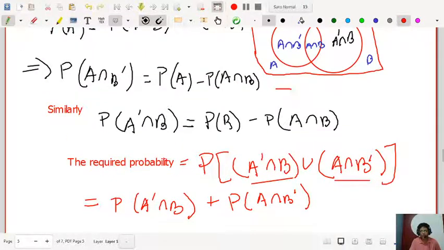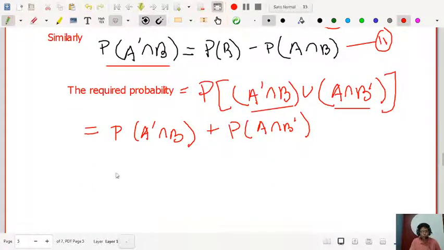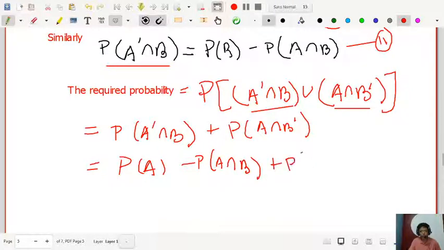And you got result 1 and result 2 for probability of A intersection B complement and probability of A complement intersection B. You substitute these two results, so that will give you probability of A minus probability of A intersection B plus probability of B.